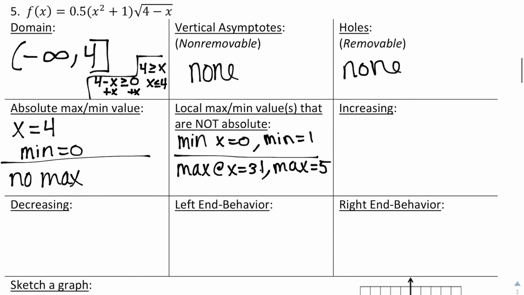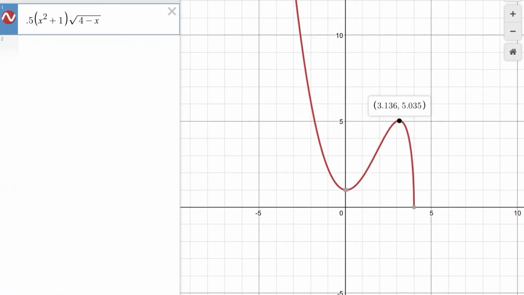All right. Now let's look for increasing and decreasing intervals. So it's going to start, it decreases from here all the way until we get to that 0. And then at 0 it increases from 0 to 3.1, right? And remember, we're always talking about the x values here.